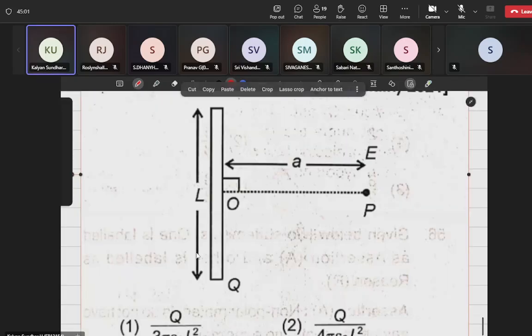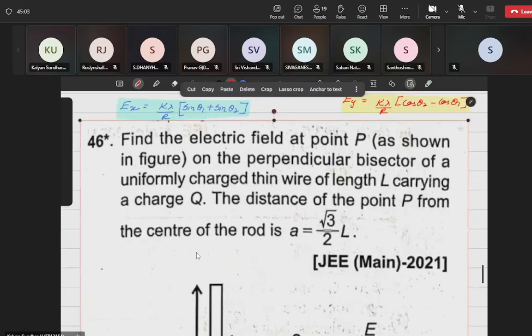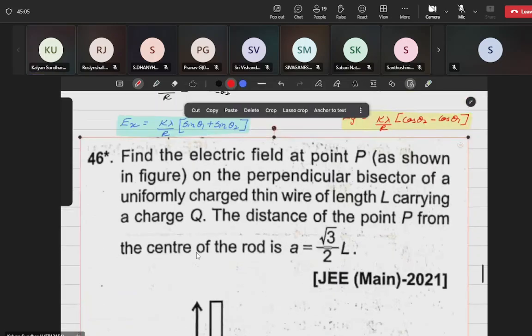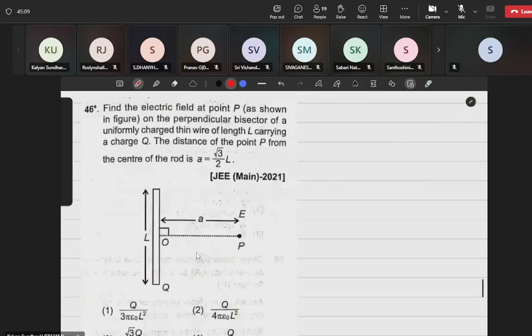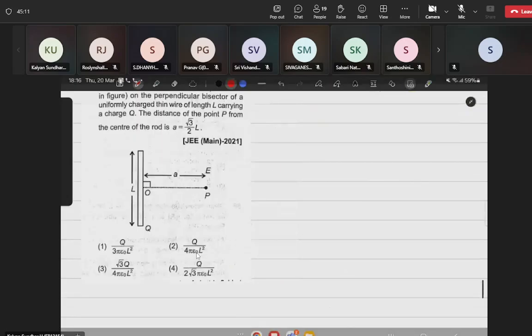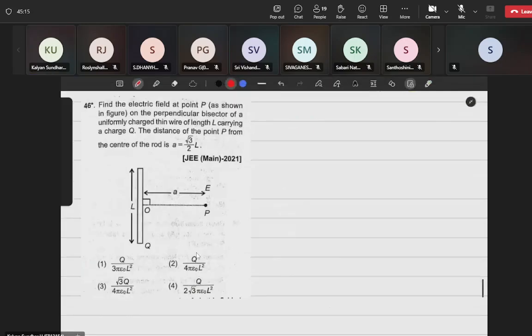Okay. So this is the question for you. Find the electric field at a point P on the perpendicular bisector of a uniformly charged thin wire of 10 m carrying a charge. The distance of the point P from the center of the rod is A equal to root 3 by 2.